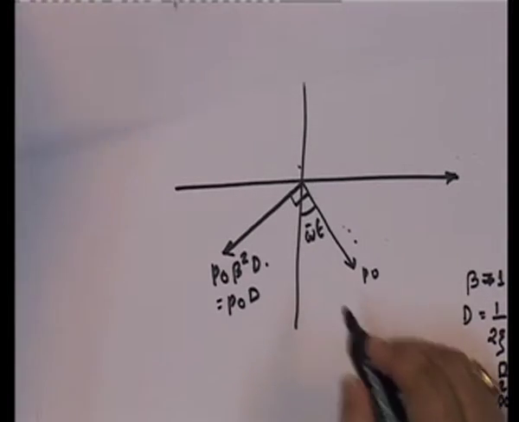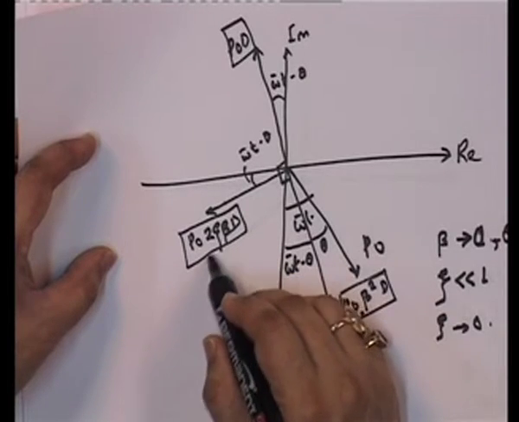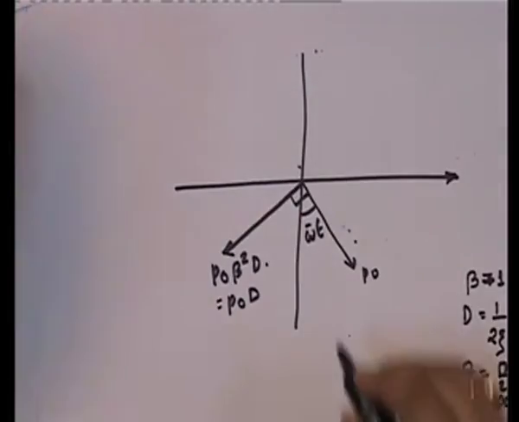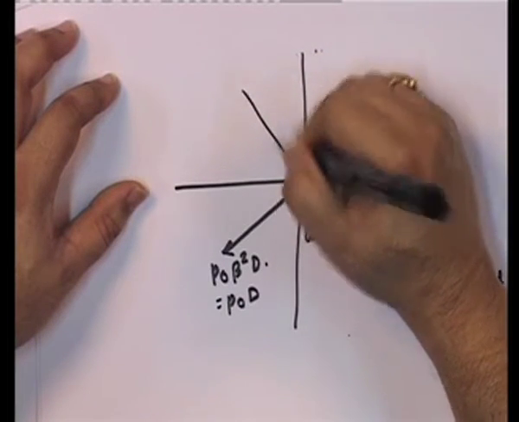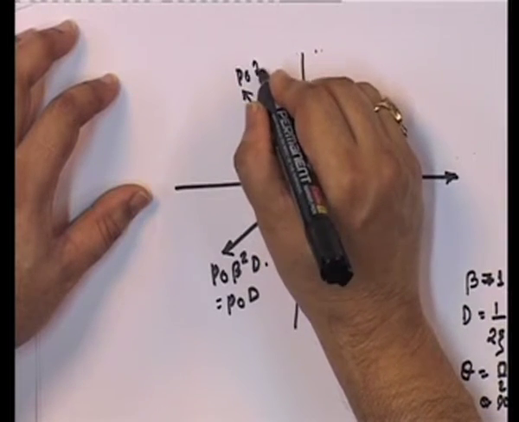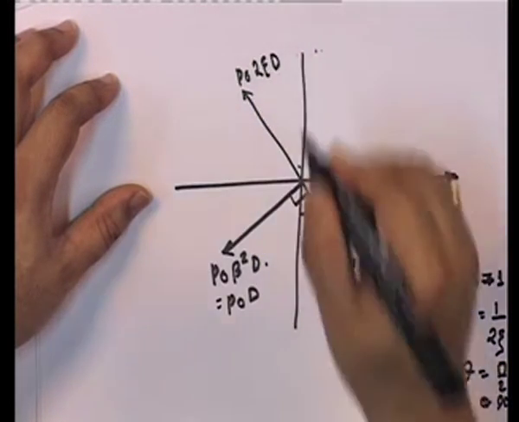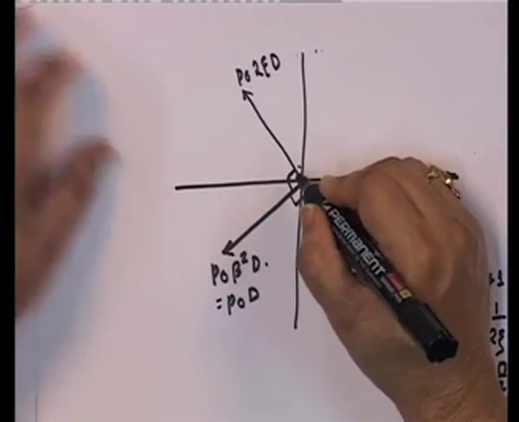Then I have this term, where beta is equal to 1, so this becomes 2 xi d. So, this is 90 degrees with that. So, this is P naught 2 xi d, and this is 90 degrees from that.